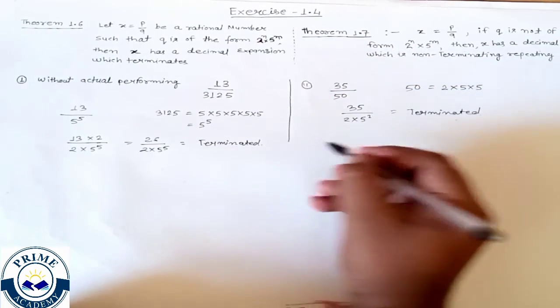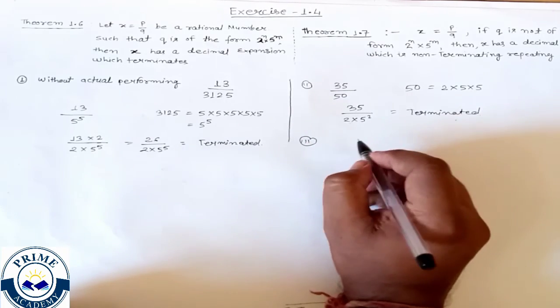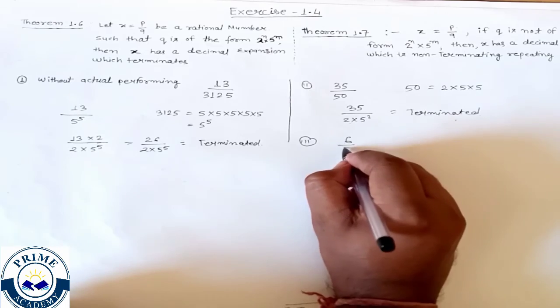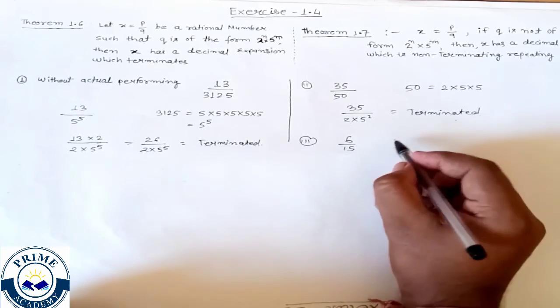You just factorize your q and see whether it is in the form of this or not, right? So let's take another example, the third one, right? So 6 upon 15. Now tell me whether this is terminated or not, right?